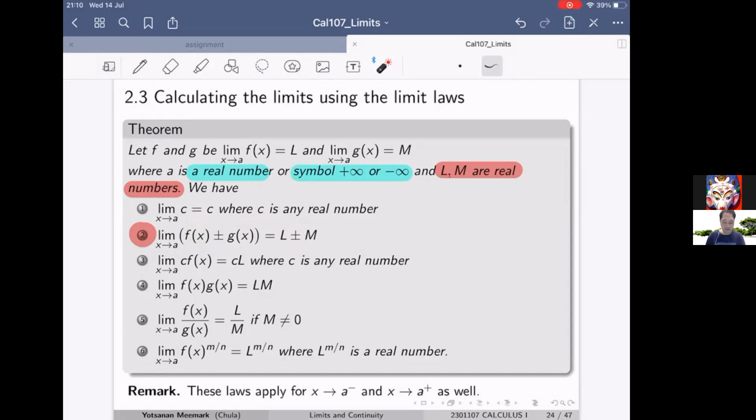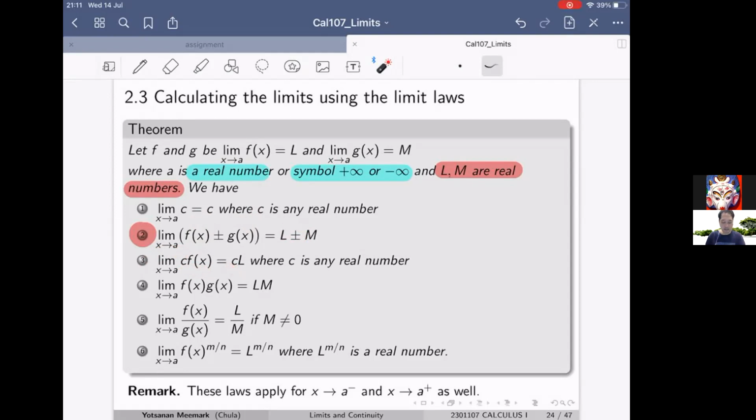Another one is that if you have a constant c, this c is a real number, multiplied by a function f, then this constant can be pulled out from the limit, and then you just calculate the limit of the function f itself, okay. So this one, and then later on you just attach this c, multiplied by the L right there, okay.